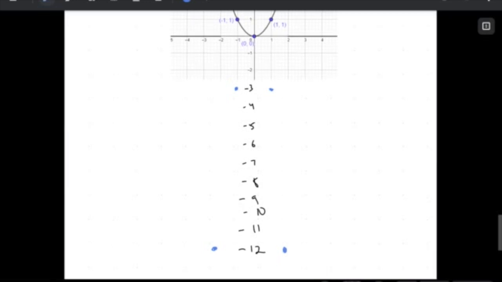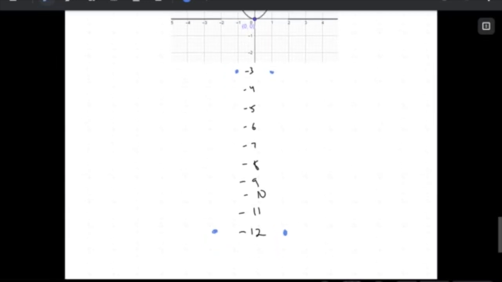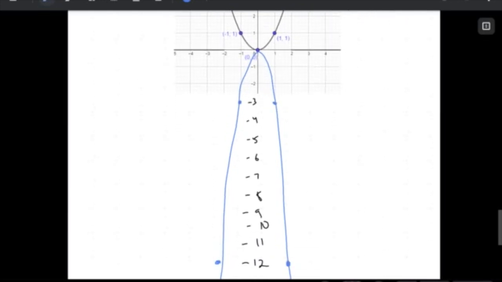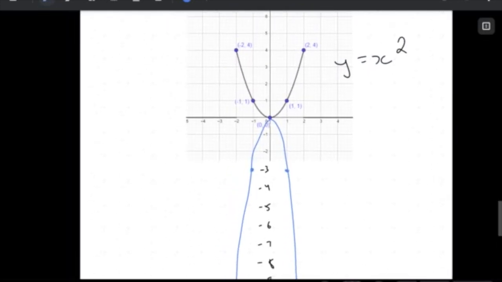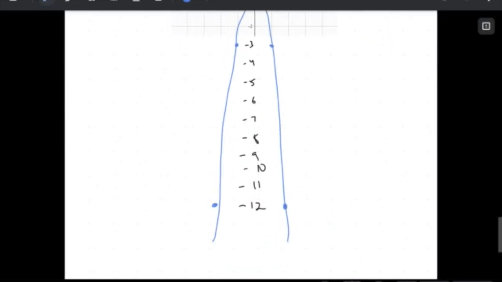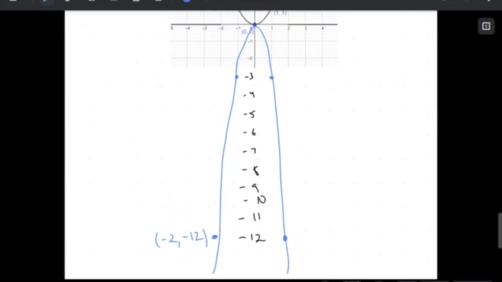Hope you're all ready for the dodgiest parabola ever, but let's have a go at this. Okay, good enough. Now, this looks really wonky, I know, but let's have a look at what's actually happening. So if I put in my points here, I have -2, -12, -1, -3.